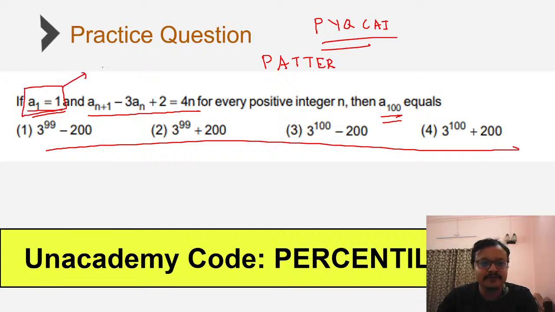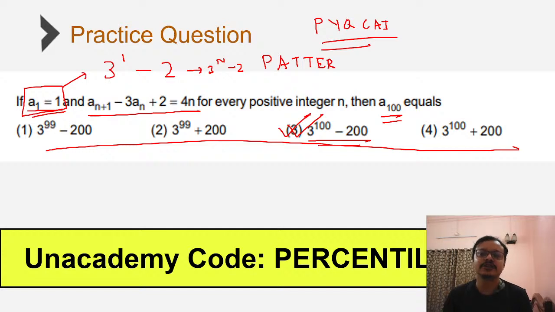I can write it in the form 3 to the power 1 minus 2, which is basically of the form of option C. If A1 is equal to 3 to the power 1 minus 2, it basically means it's of the form 3 to the power n minus 2n, which means you have immediately marked the answer as option C. That is 3 to the power 100 minus 200.